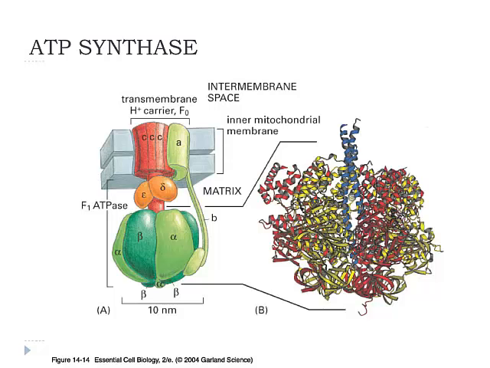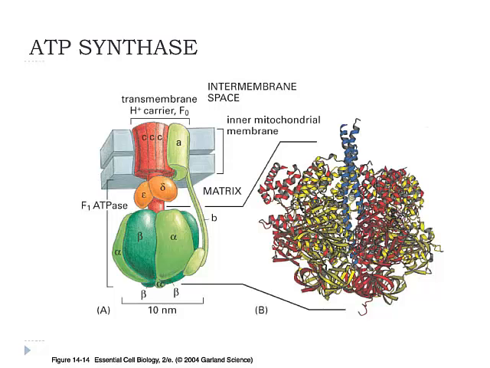There's a part that crosses the inner mitochondrial membrane. That's the transmembrane carrier. This is where protons will enter from their area of high concentration. They'll pass through and drive a conformational change that results in the spinning of this neck.